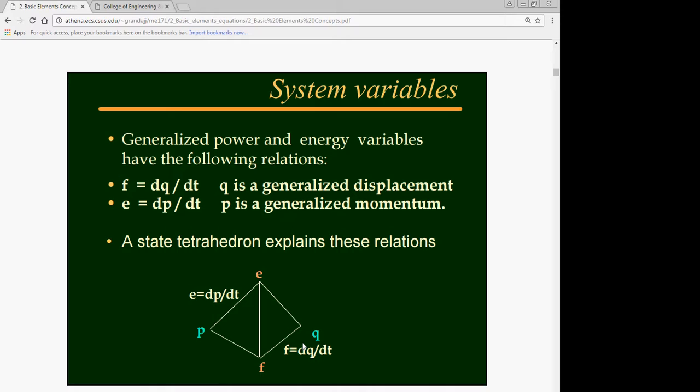And if we recognize that on different energy domains, while the variables are different and they have different units, they belong to the same family of variables.